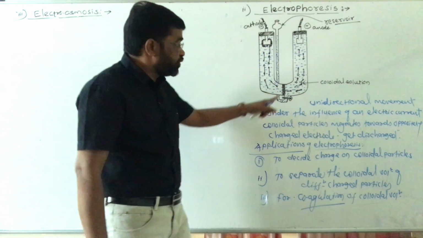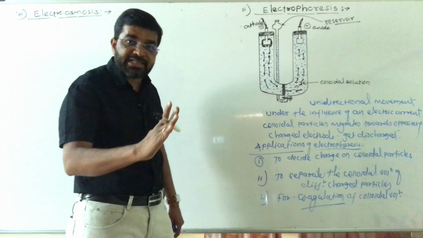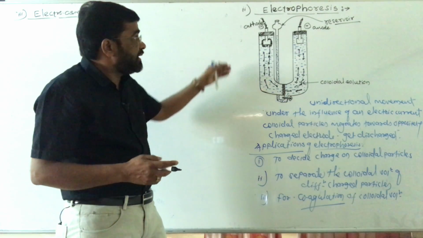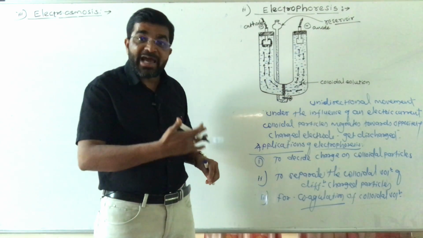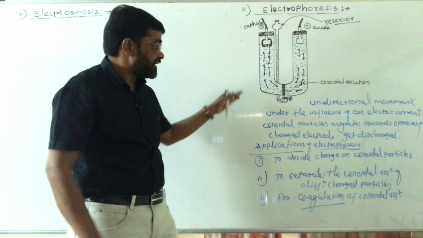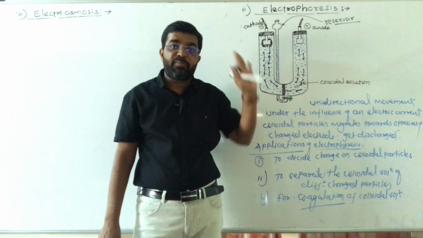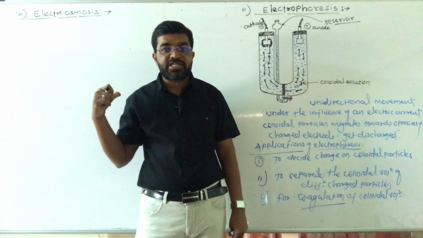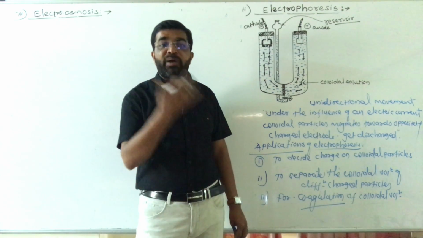If we fix a semi-permeable membrane in this U tube, and the process is the same now, under the influence of an electric current, unidirectional movement of dispersion medium. In that process, what happened? Dispersed phase particles migrated towards the oppositely charged electrode. But in this process, what happens? Dispersion medium particles, solvent particles, migrate.